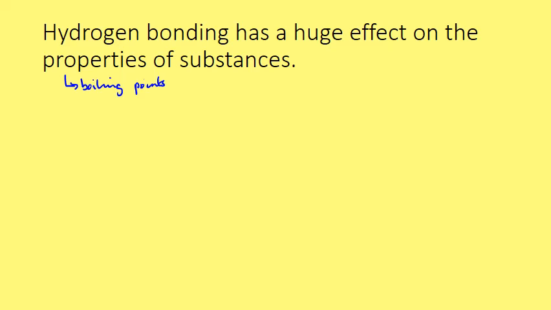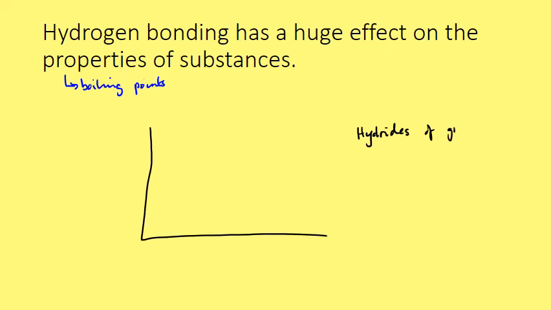And so what you could do is look at the boiling points of, for example, the hydrides of group 6. So if you looked at the hydrides of the group 6 elements, group 6 of course is oxygen, sulfur, selenium and tellurium.